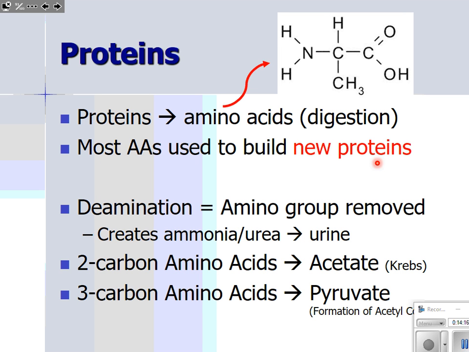However, sometimes if you have exhausted your supply of glucose and your cell does not have access to any glycogen that can be broken down to make more glucose, sometimes proteins, or I should say amino acids, can be used as an alternative fuel.